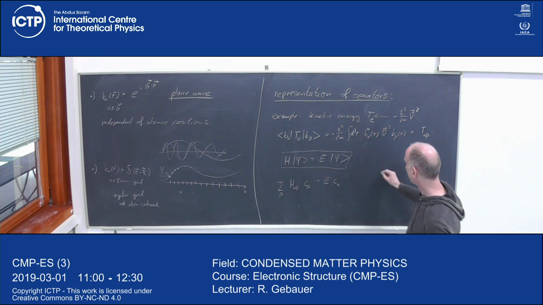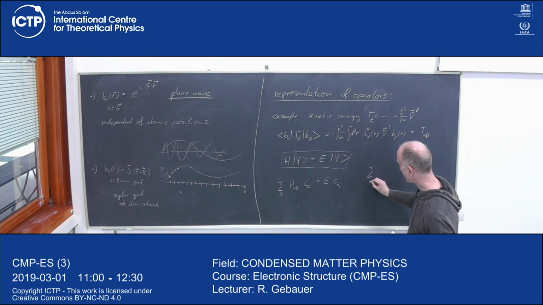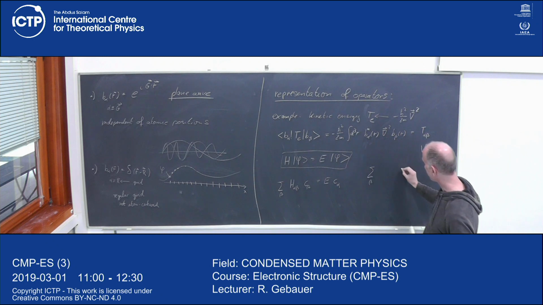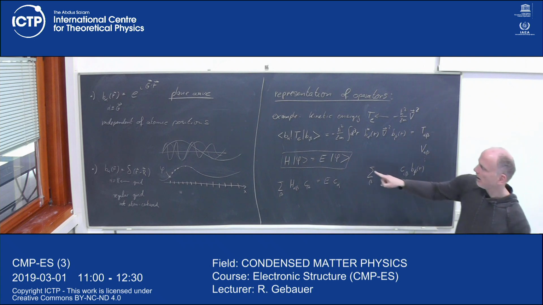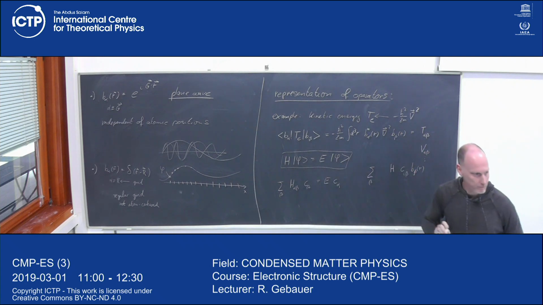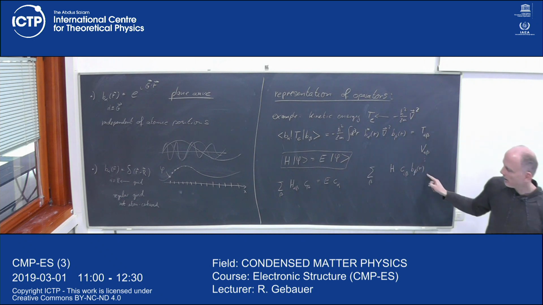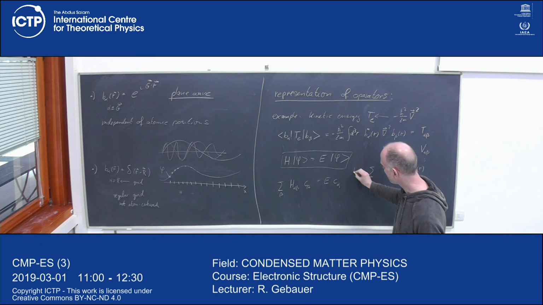Let me write again. So if I say that phi alpha is the sum over all kind of functions beta of c_i beta times b beta of r. Okay, so this here is my phi. I have to act on it with the Hamiltonian h. Now I multiply this from the left with another basis function b alpha of r.